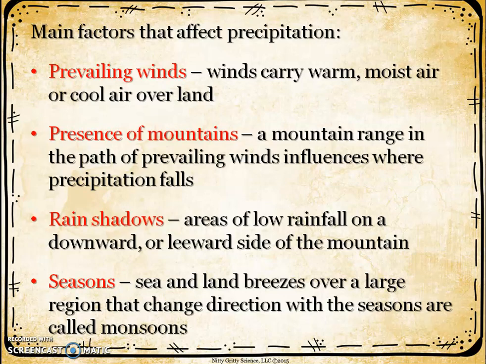Then you have changes in seasons. The sea and land breezes over a large region that change direction with the seasons. Those are called monsoons. We see those in places like India. The change in season sees winds blow inland or outland.